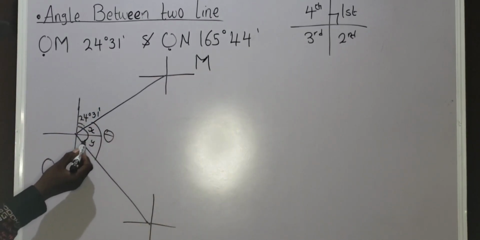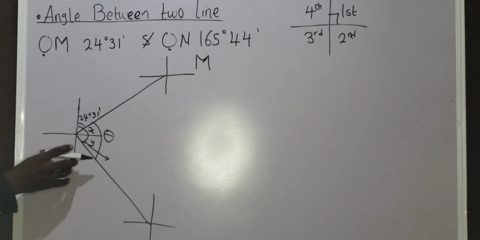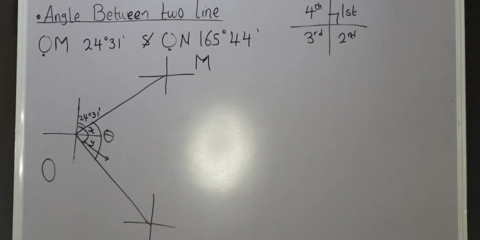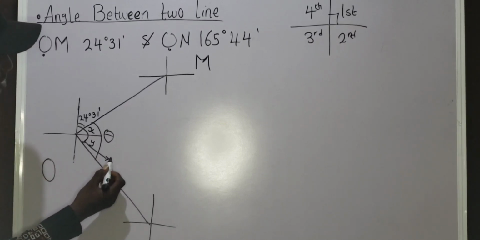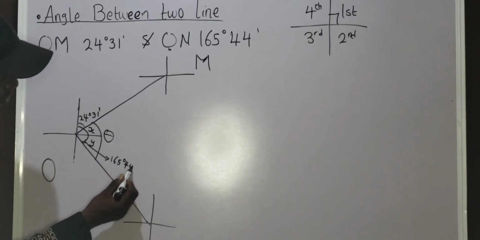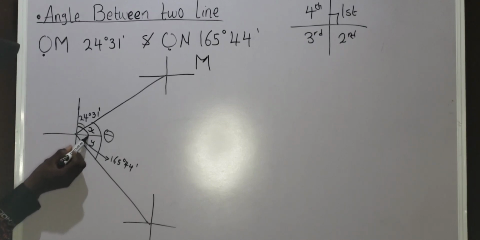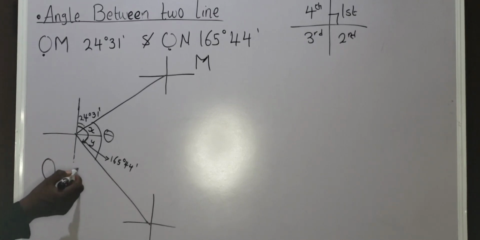Let me just write it out so I don't get confused. I drew the arrow so that you can understand. When you are doing yours in your exam, you don't have to draw the arrow. So let's write 165 degrees 44 minutes. Do you understand? This angle is 165 degrees 44 minutes.